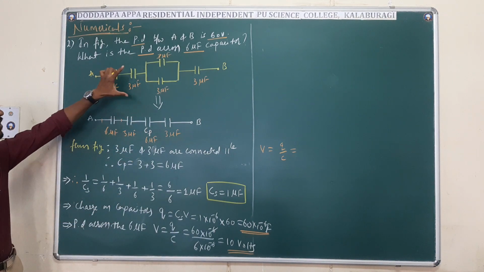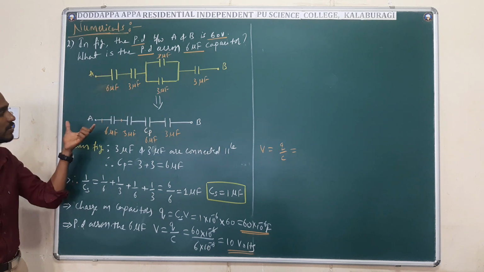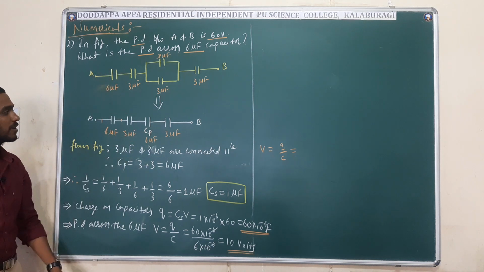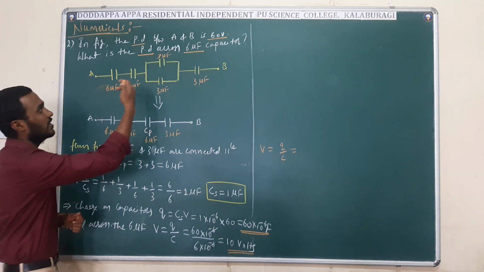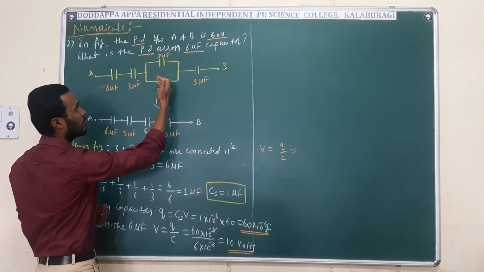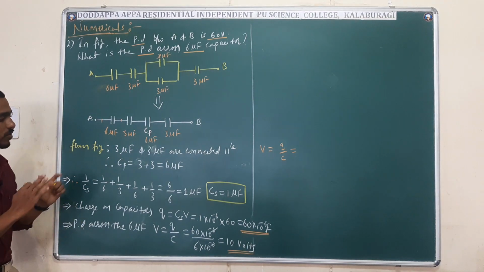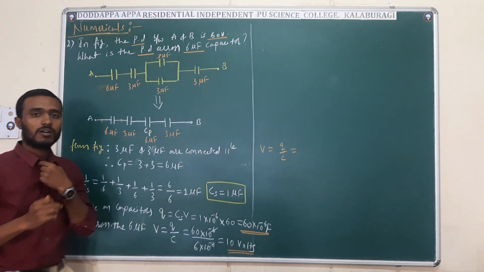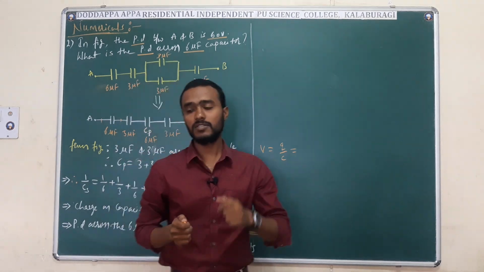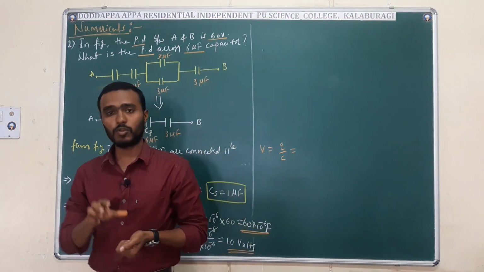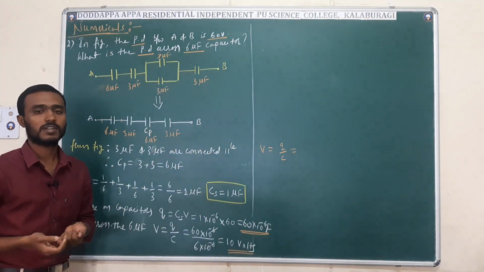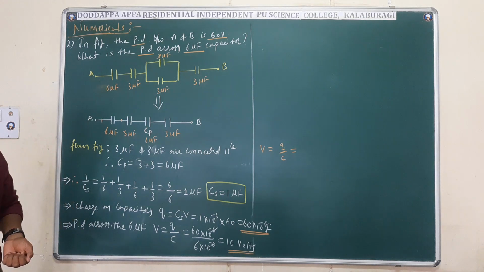First you simplify the complicated figure into a simple figure. This was parallel; by simplifying I have made it a series connection. This is one type of method of solving capacitor numericals. We'll see some numericals on dielectric also. Okay, we'll go for the next one.